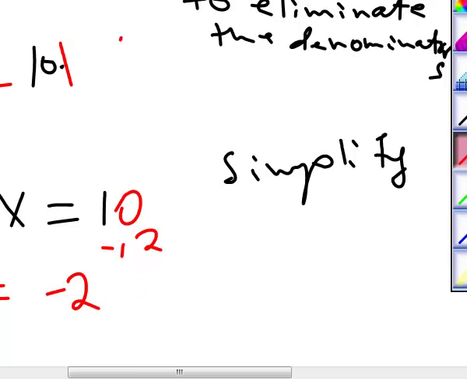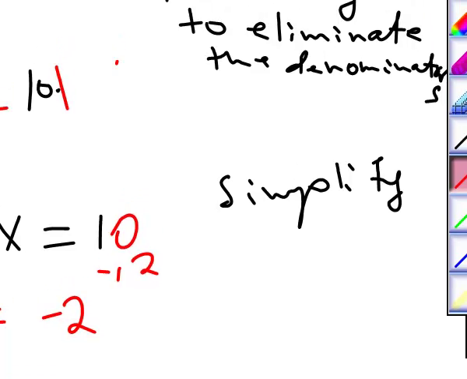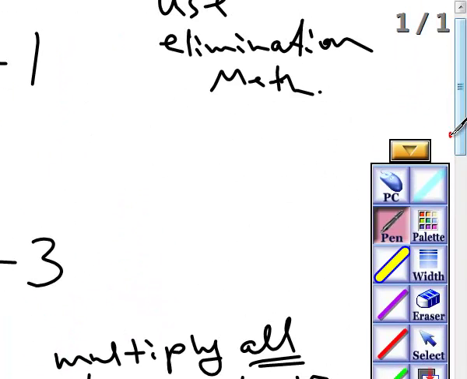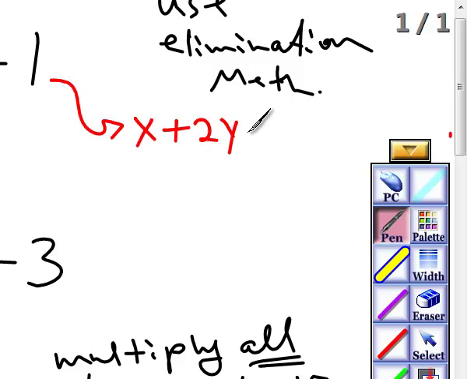All right, now we got to do the other equation. So this first equation turns out to become x plus 2y equals negative 2.